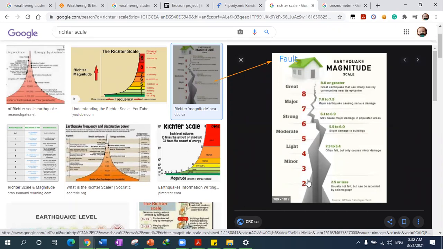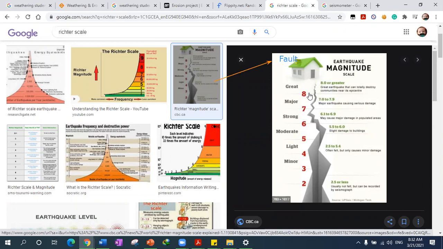From 2 to maybe 6, we don't really feel it, it's not that strong. But when we start at 6, that means it's so strong and it will destroy buildings and maybe cause some injuries for people, maybe some death cases. 8 is the greatest number an earthquake can actually reach.